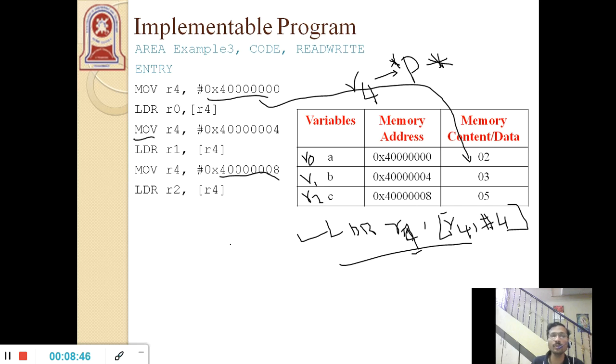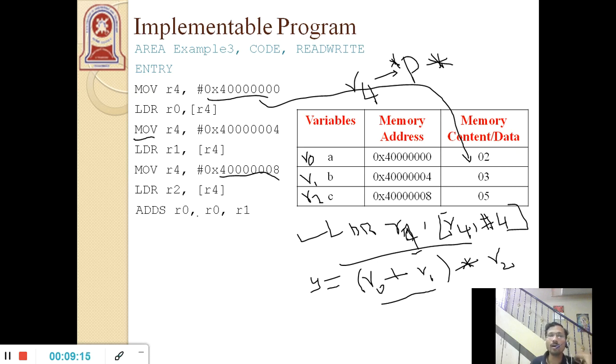Now what should we do? We should perform the addition, that is y is equal to, with respect to A plus B, that is going to be multiplied with R2. A plus B means R0 plus R1. In order to perform R0 plus R1, let me take the add instruction here.